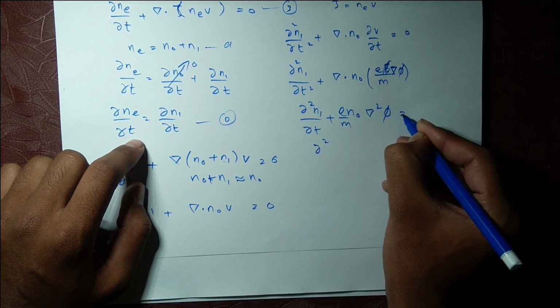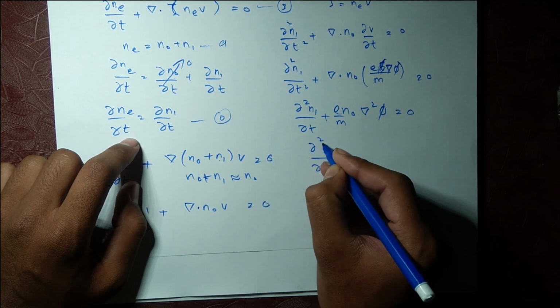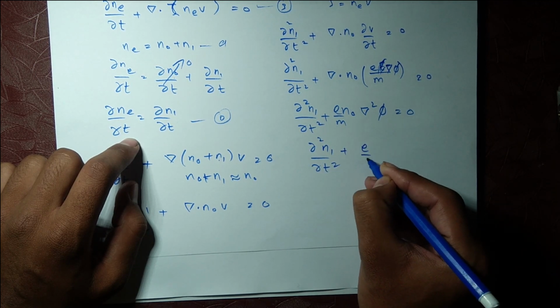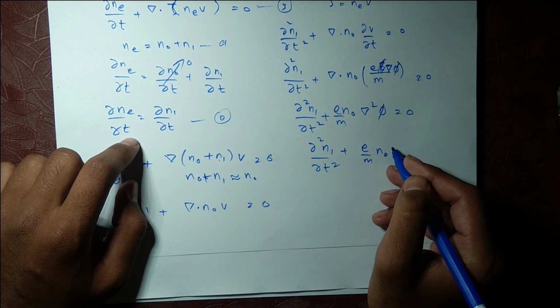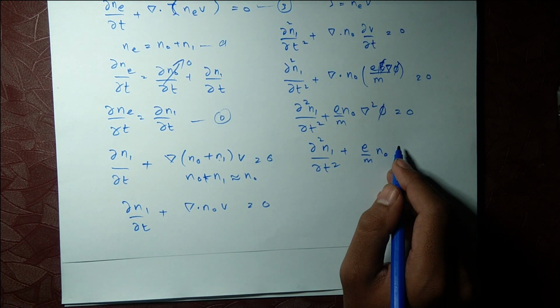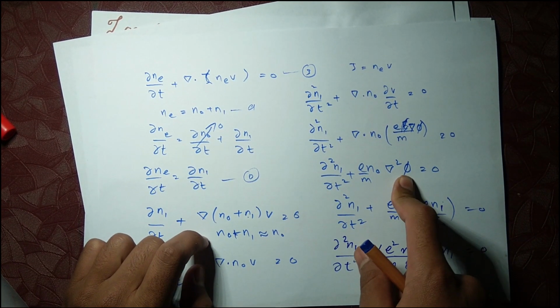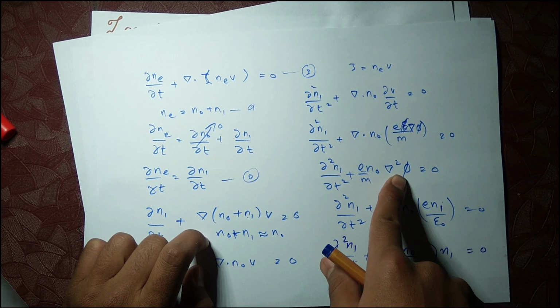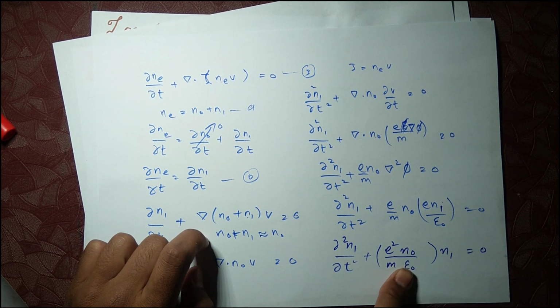When we put the value of this del square phi here, in this value of partial v by partial t, we get an ultimate equation like this: partial square of n1 by partial t square plus e over m n naught into del square phi.